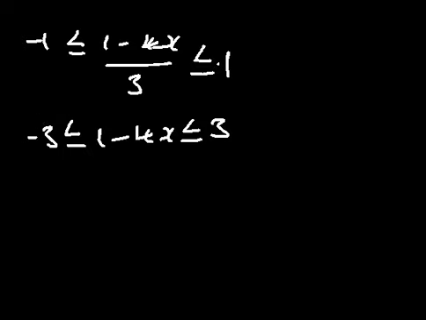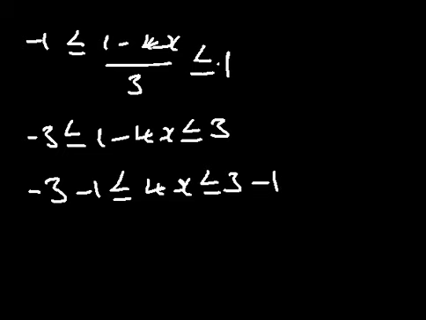So we have negative 3 minus 1 less than or equal to 4x, less than or equal to 3 minus 1. Now we have negative 4 less than or equal to 4x, less than or equal to 2.